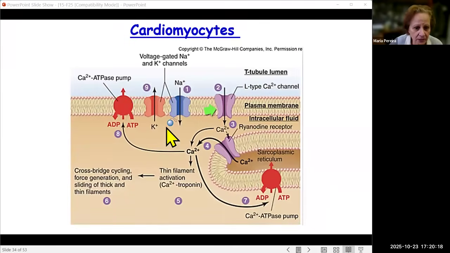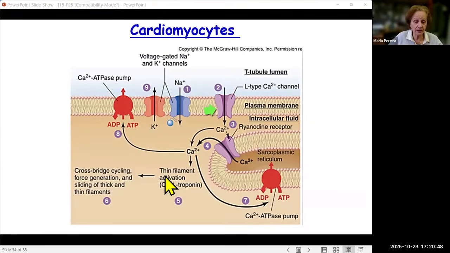Okay, so here you see the sodium potassium channels at the sarcolemma. And now you see that this change in voltage that is propagated along the sarcolemma induces the opening of this calcium channel. So there's calcium coming from the extracellular fluid directly into the cytoplasm, and also more calcium being released from the sarcoplasmic reticulum.